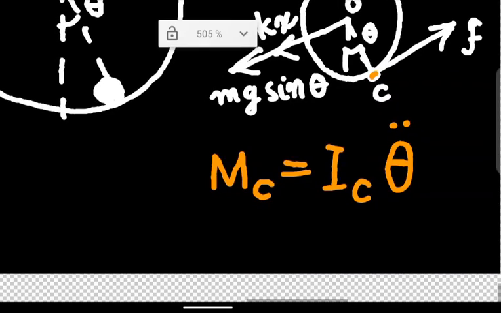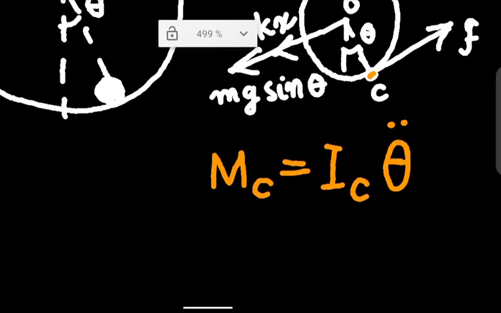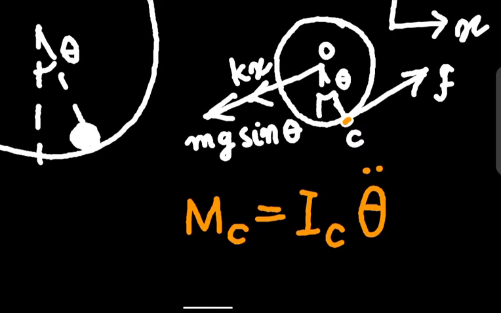So now, what is the moment about this point C? The friction is acting on the point C, so there will be no moment due to this friction. So all of the moments will be due to the spring force and this gravitational force.